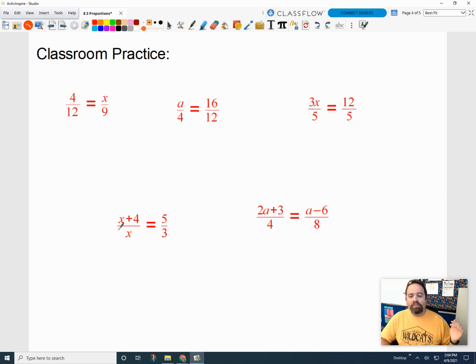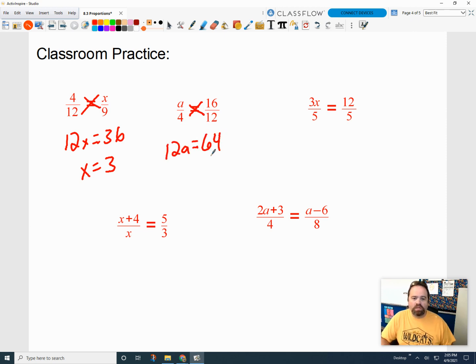So here's 5 more examples real quick. If you want to, pause the video, work them out, see if you can get them. Then I'm going to wait a couple seconds and then I'm going to start working them out. But pause them and try them if you want. All right, when I cross multiply here, 12x is 36. Divide by 12, I got 3. This one, when I cross multiply, 12a equals 64.